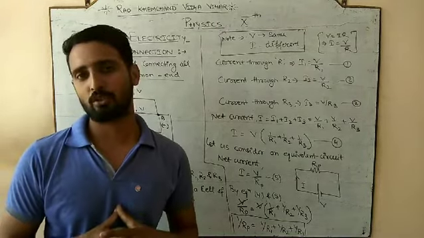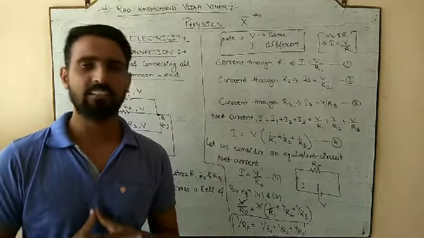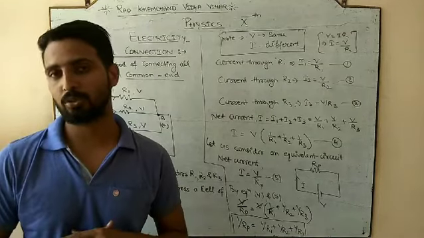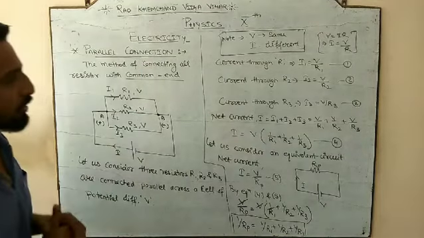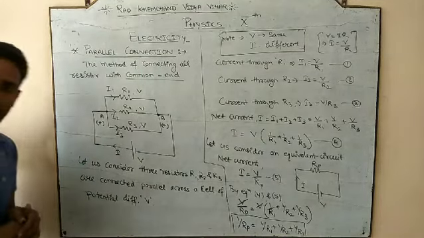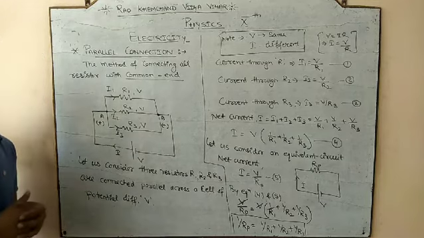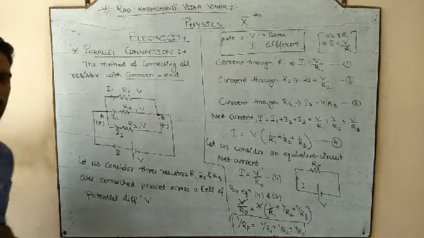So one or two numericals I will solve, and the rest you are going to do as homework in your fair notebook. So please note down your parallel connection, and now we are going to proceed towards the numerical. Please note it down.